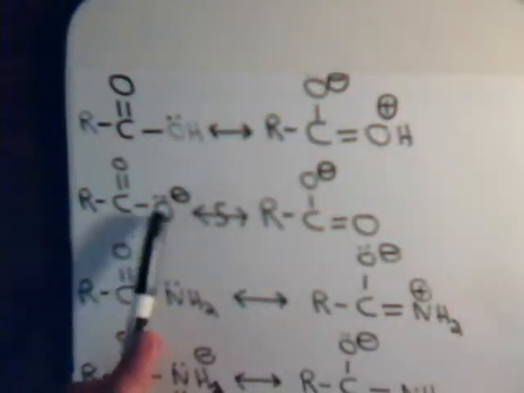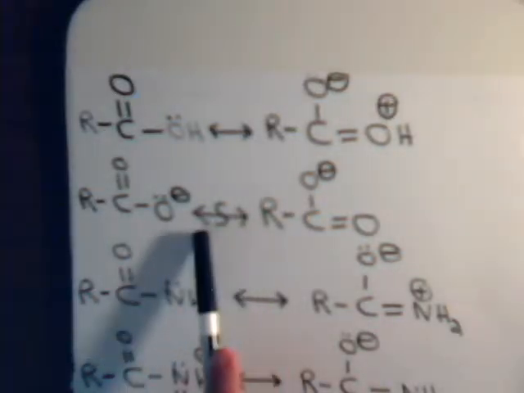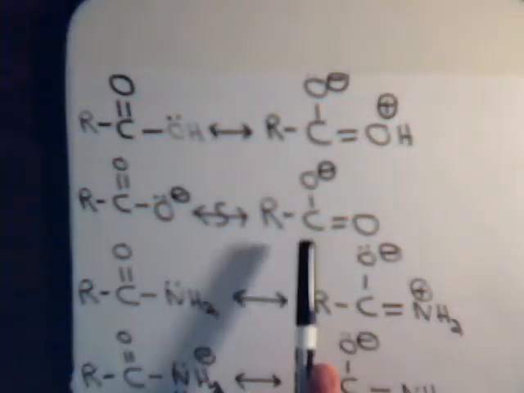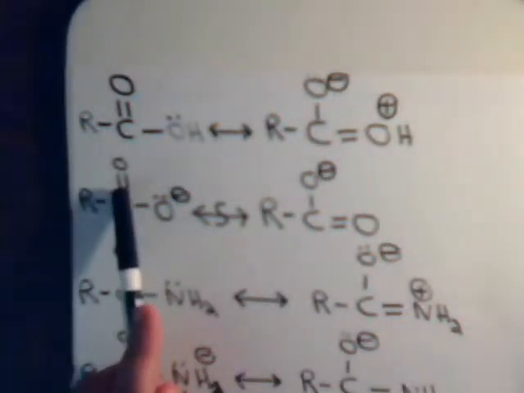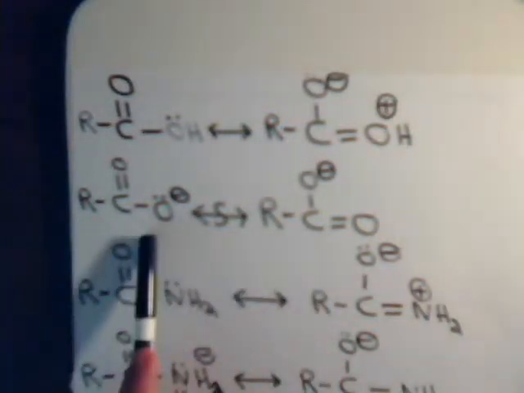Now, in terms of what the anion actually looks like, again, we don't mean to imply when we have the double arrow here that it's going back and forth, shifting between these two forms, where here we have a double bond, then it's a single bond, then it shifts back to a double bond. That's not what we're trying to represent in these different canonical structures. The situation is more like this.